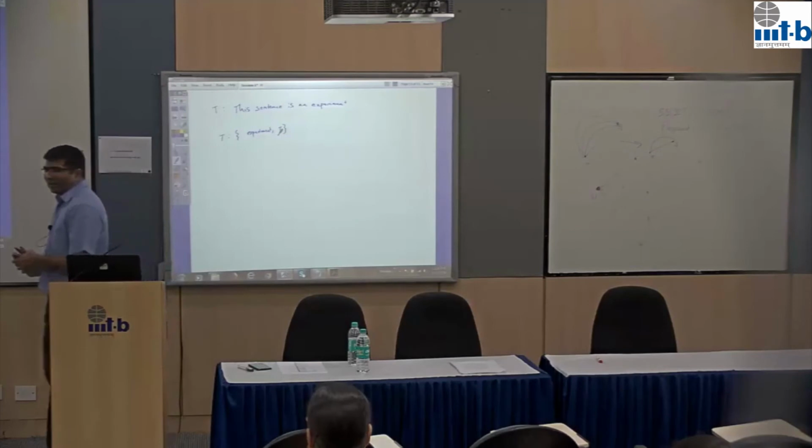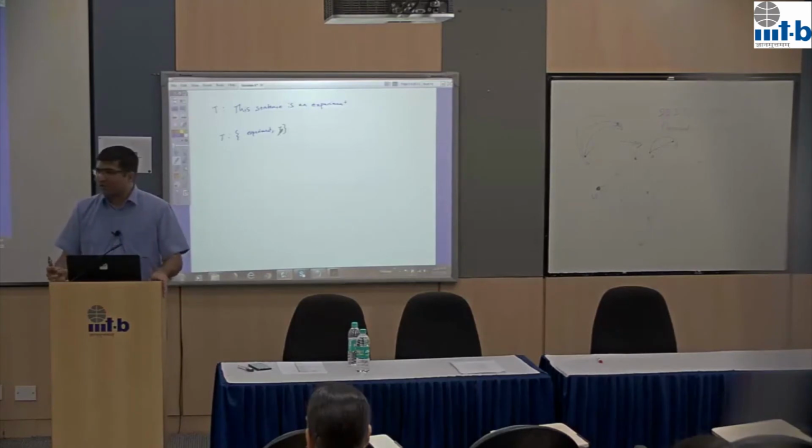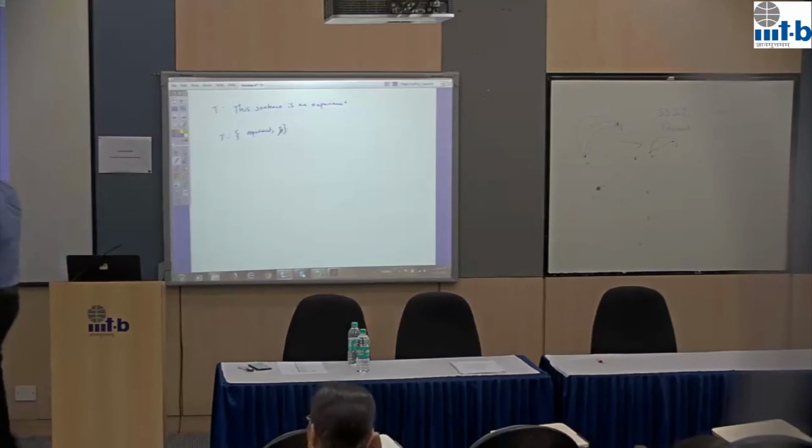And this is a very valid English sentence, right? I mean, there's nothing wrong with this sentence. This sentence is an experiment, or I am so many years old, or whatever, right? I can talk about myself, right? So having self-reference or a set containing itself is not really a problem in itself, right?